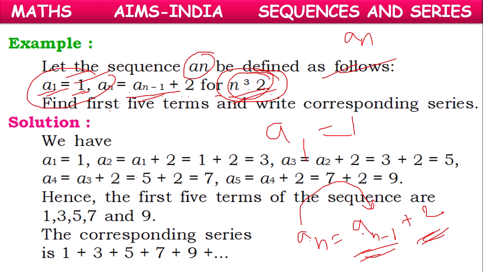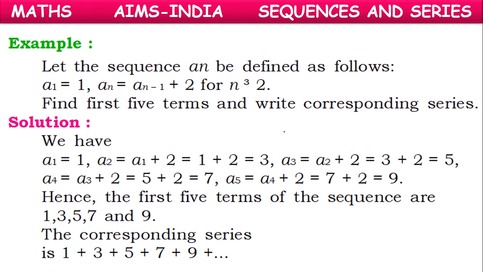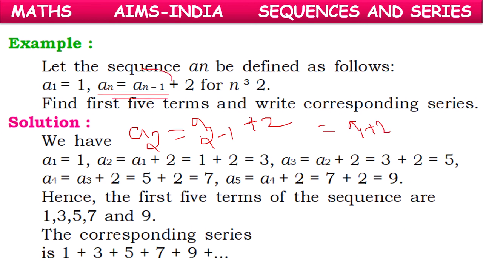Suppose A N equals A N minus 1 plus 2. If we take A2, it becomes A1 plus 2. So according to this nth term formula, any term can be found by adding 2 to its previous term.